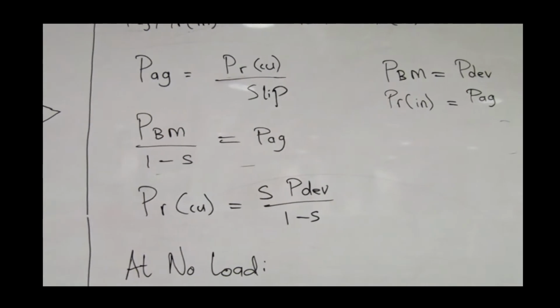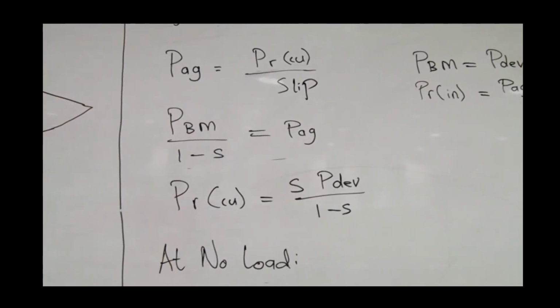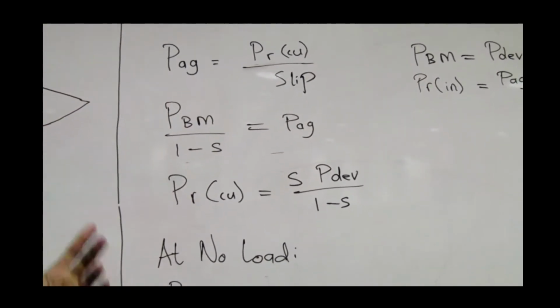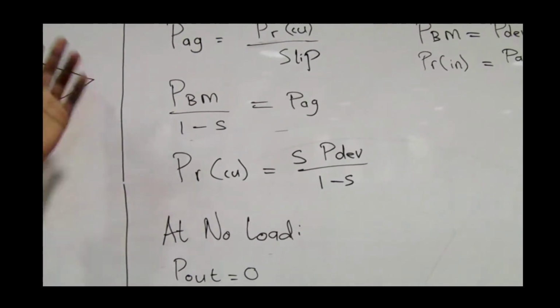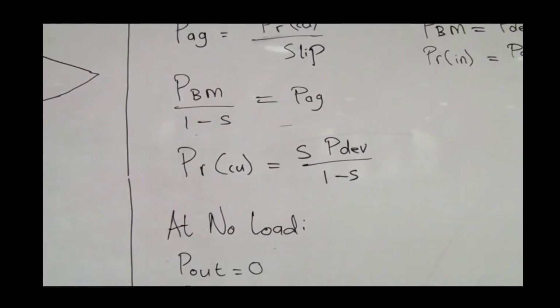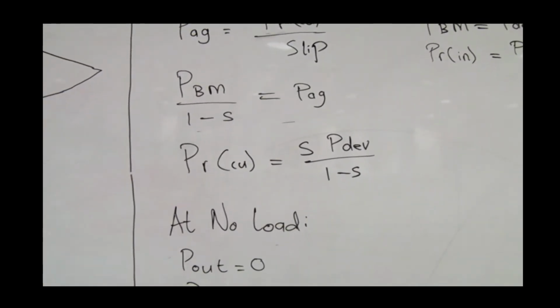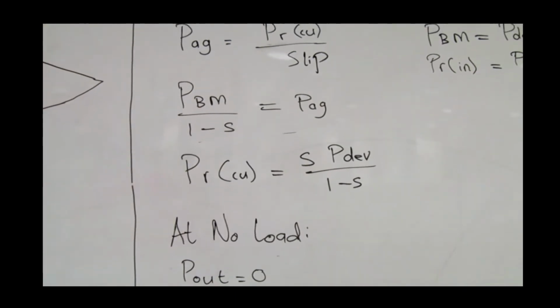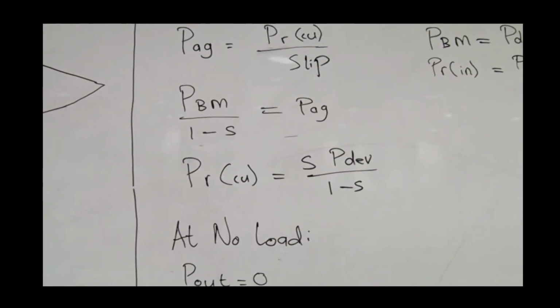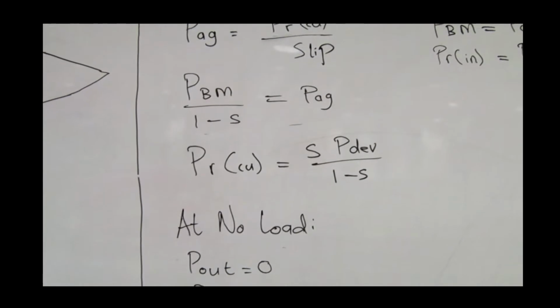Having explained that, I hope you understand what is happening here. You can get this list of formulas from any textbook. I was just explaining a few before we go to calculations.